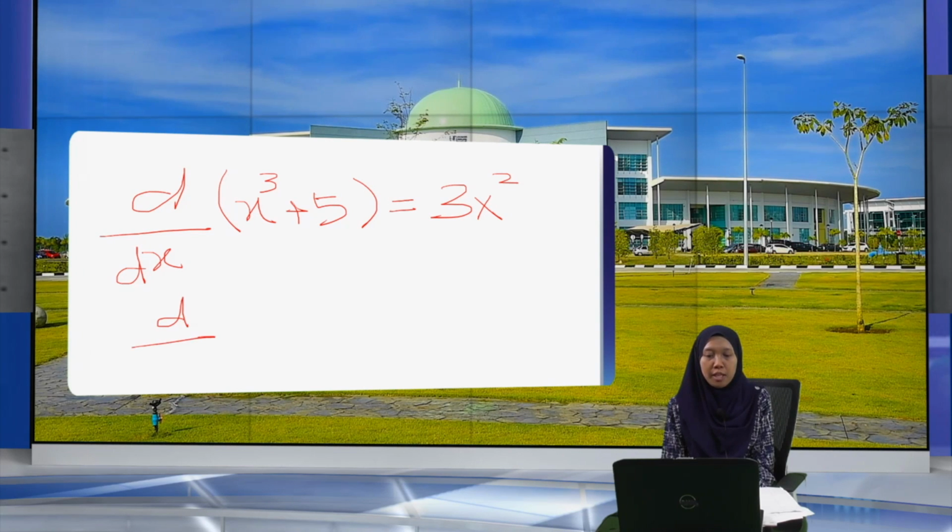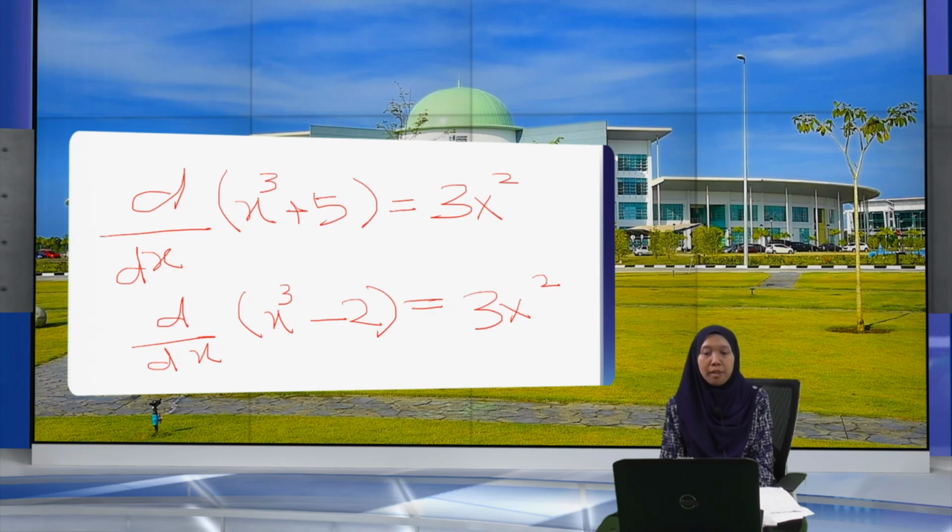When we differentiate x cubed minus 2, the answer is also 3x squared. If you notice, 5 and negative 2 disappear during the differentiation process, because when we differentiate a constant, the result is 0.